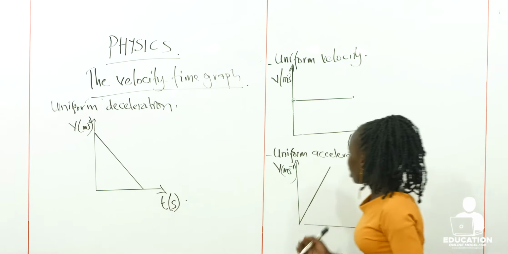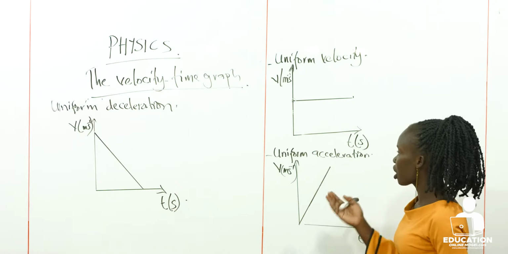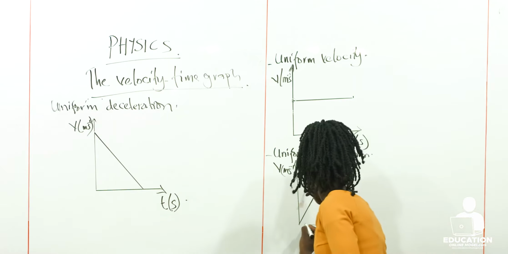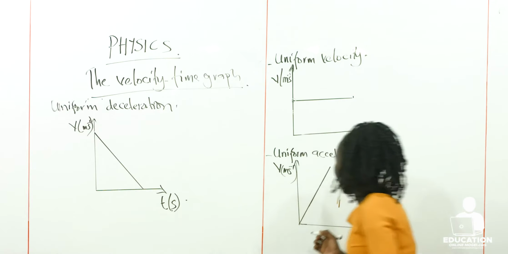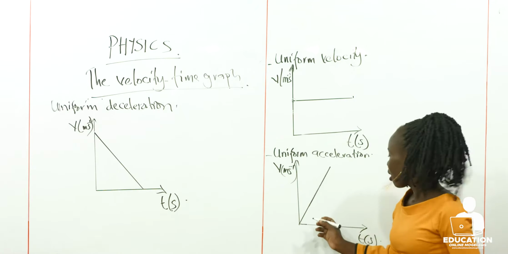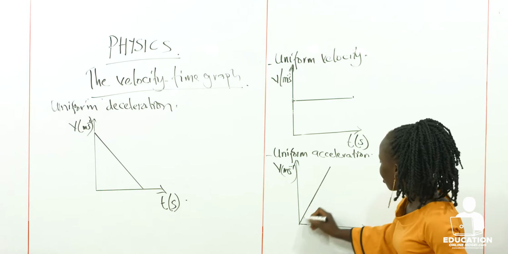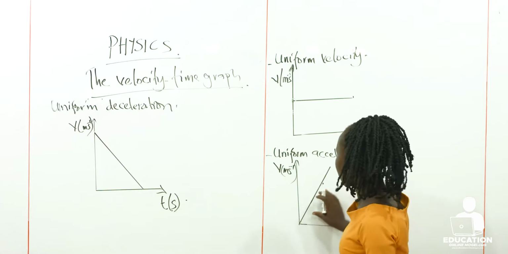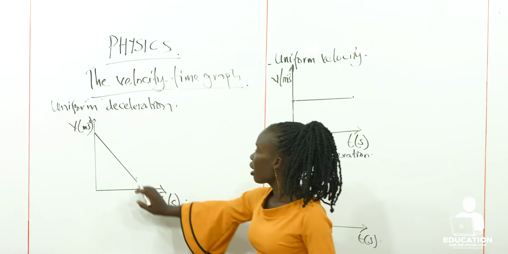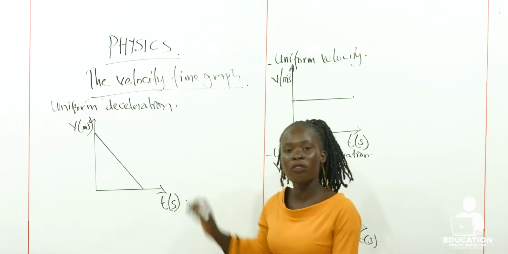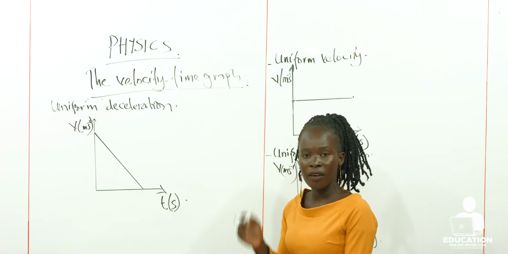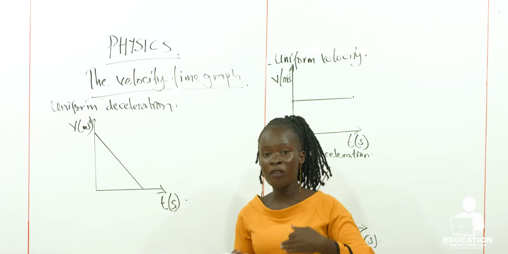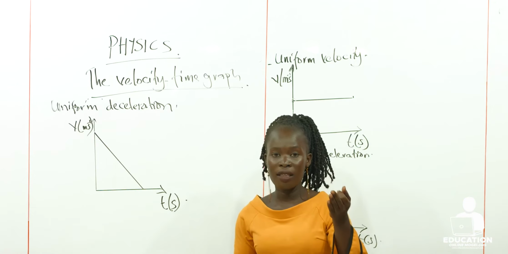The difference between uniform acceleration and uniform deceleration is not only that they are moving in the opposite direction, but with uniform acceleration, the slope comes with a positive sign, while with deceleration the body is moving in the opposite direction. Like if you move from home to town, we give it the positive sign.